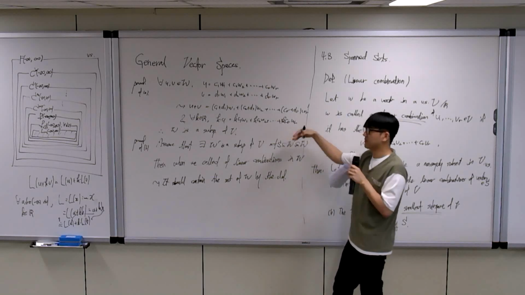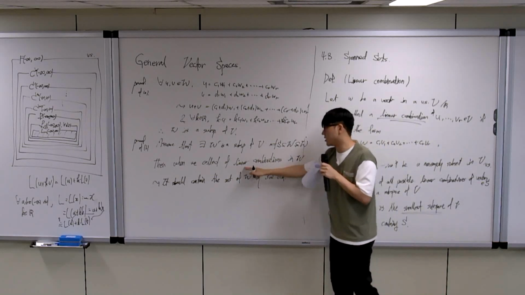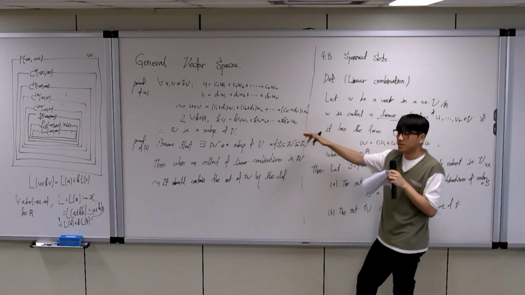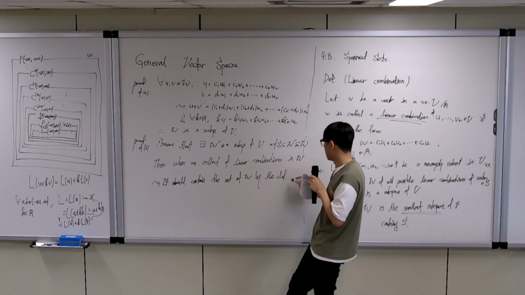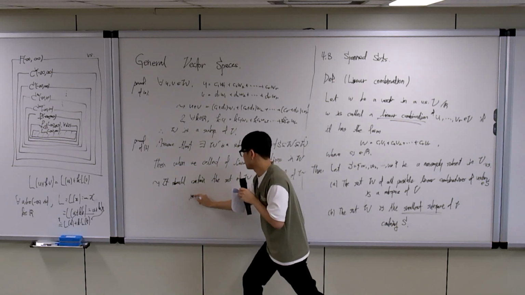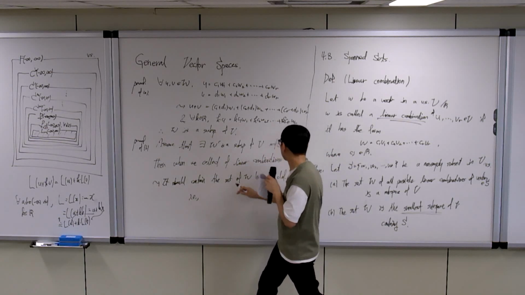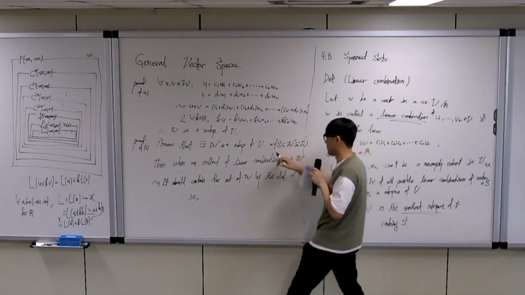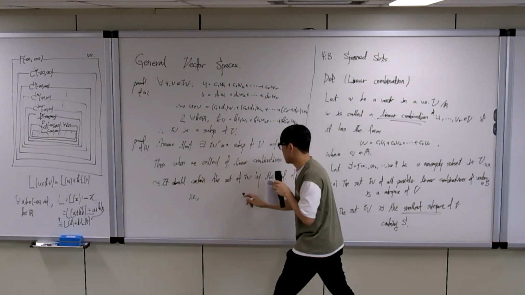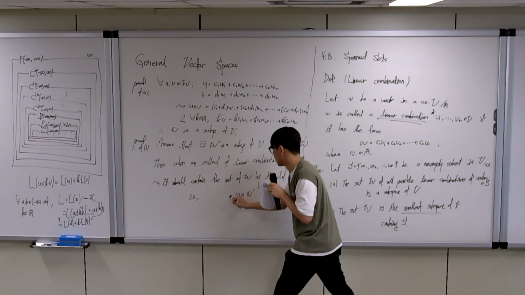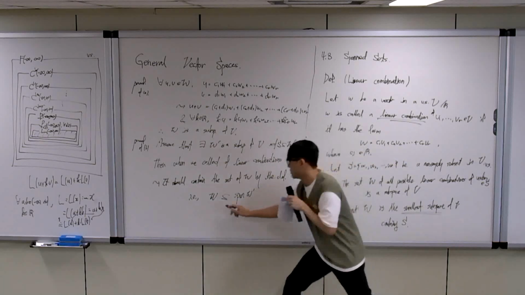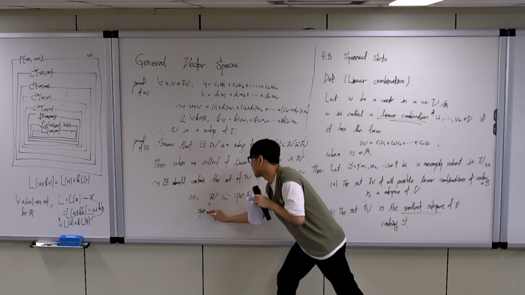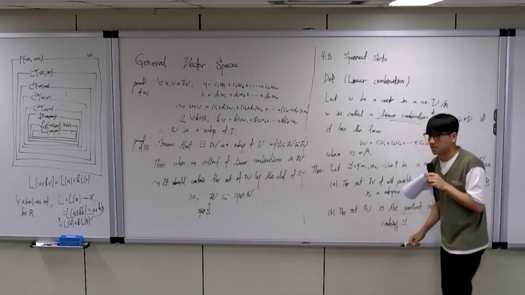And when we find a linear combination in W prime, then it also contains the set of S, and so that means the set of all linear combinations of W prime, if we denote it, then I think it contains W because it was a set of linear span of S.